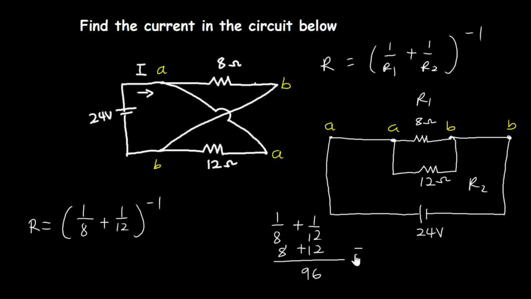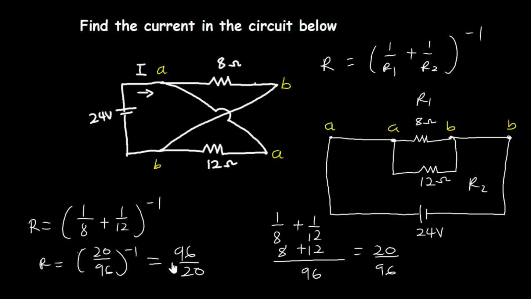So I'll have 20 divided by 96. Then R is equal to 20 divided by 96 to the power negative 1, which is 96 divided by 20. Let's convert this answer into decimals. That gives me a resistance value of 4.8 ohms. So that will be the effective resistance for this circuit.